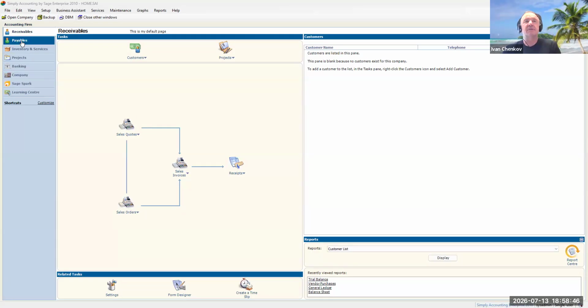It has receivables, payables, inventory, project, banking, company, all the different things. If you need to enter something in the receivables, you have to go through the sales invoice.